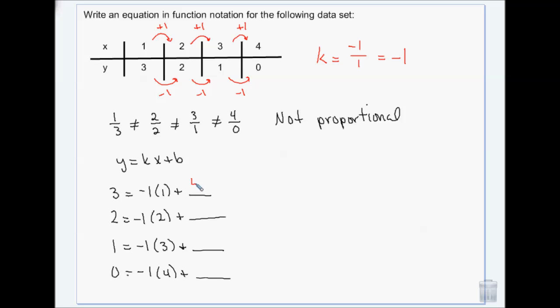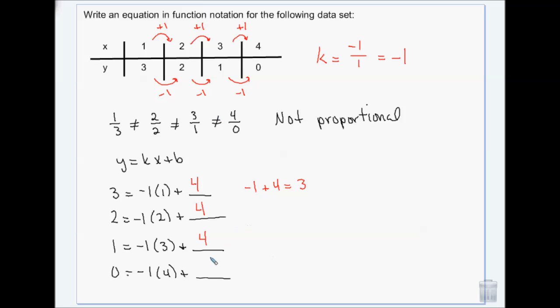So negative 1 plus 4. Right, because it's negative 1 plus 4. Here I have negative 2 plus 4 equals 2. Negative 3 plus 4 equals 1. Negative 4 plus 4 equals 0.